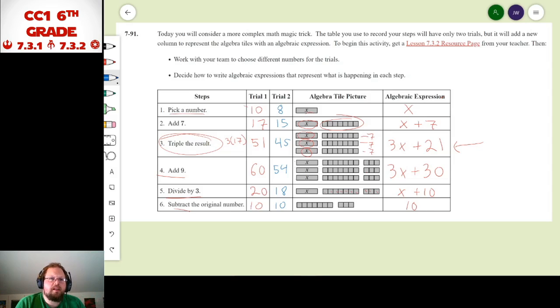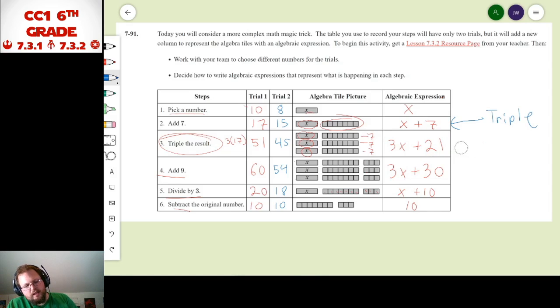So in this problem, there are inverse operations. But I would like to draw your attention back to this part where it says 3x plus 21. There is another way that you could write triple this value of x plus 7.